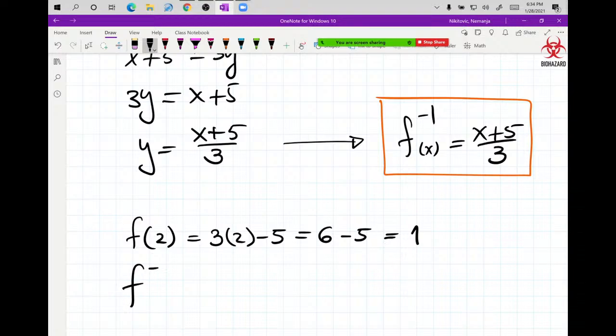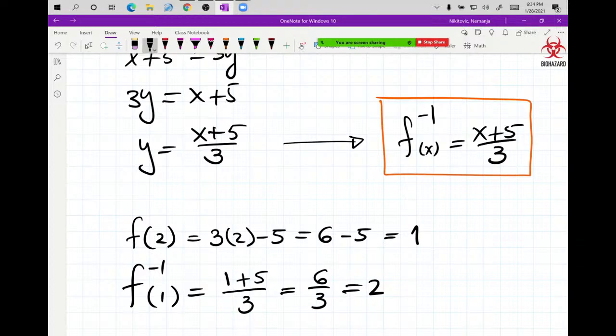How much is the inverse of 1? You should be able to tell me that before I compute it. It should be 2, right? Exactly. So plug in 1: 1 plus 5 over 3 is 6 over 3, which is 2. So when you plug 2 into the function, you get 1, and when you plug 1 into the inverse, you get back 2.